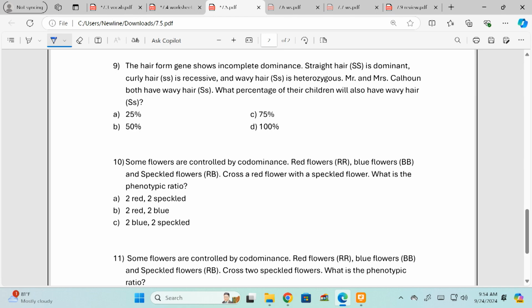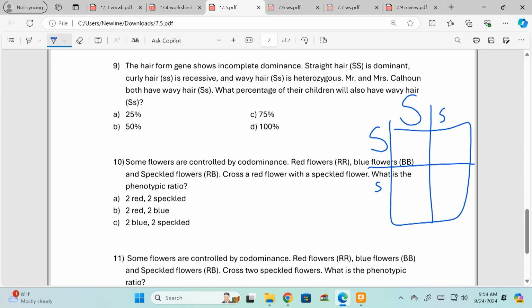Okay, so we've got 2 individuals with wavy hair, and wavy is the heterozygous. So dad is like this, and mom is like this, and our job is to cross them together and see what we're coming up with. So let me draw my Punnett square, and we'll fill this in.